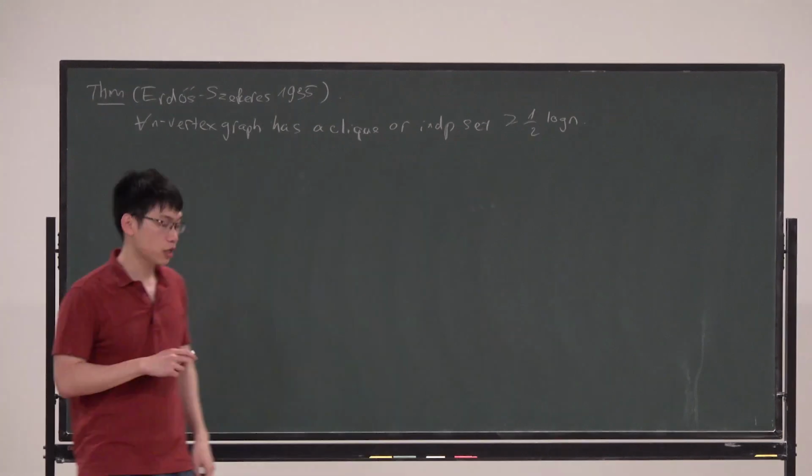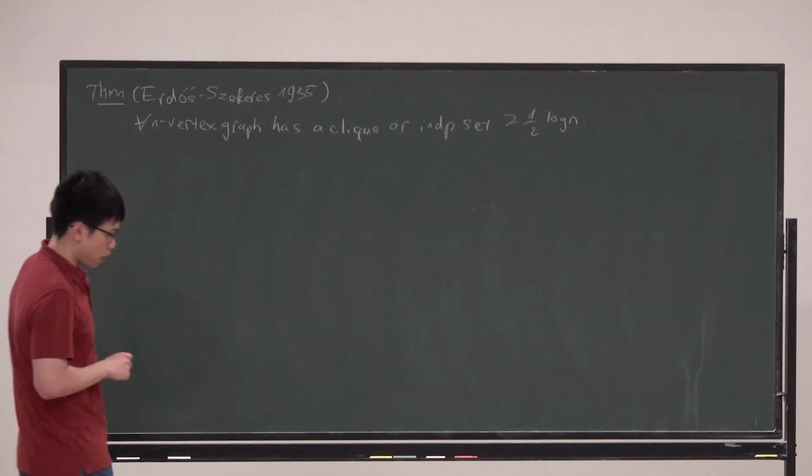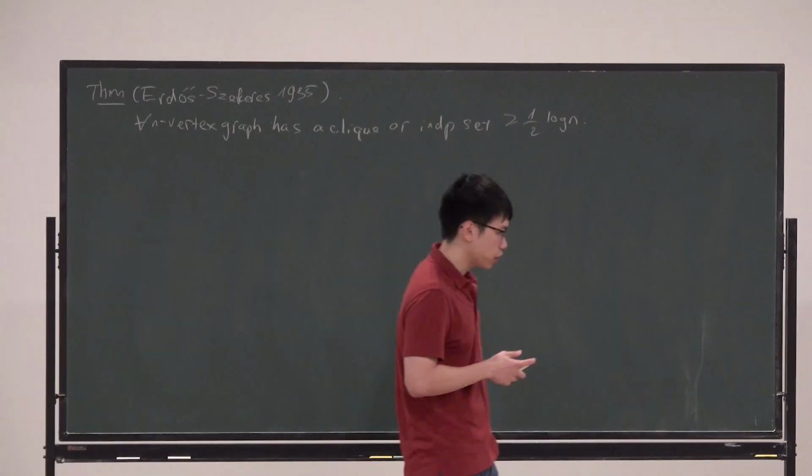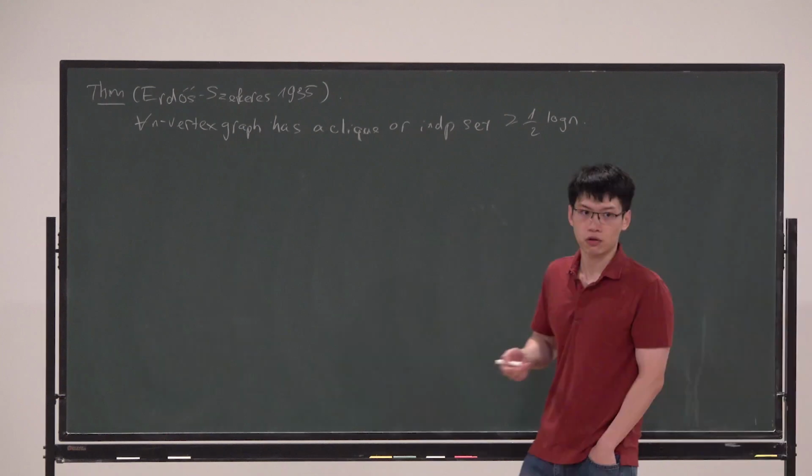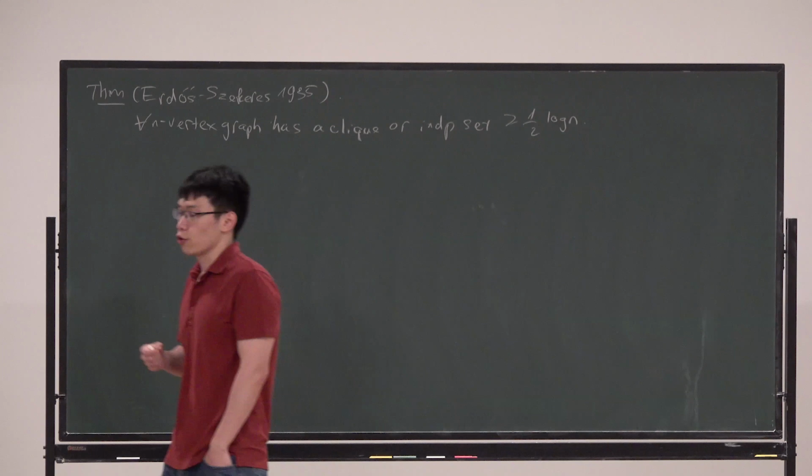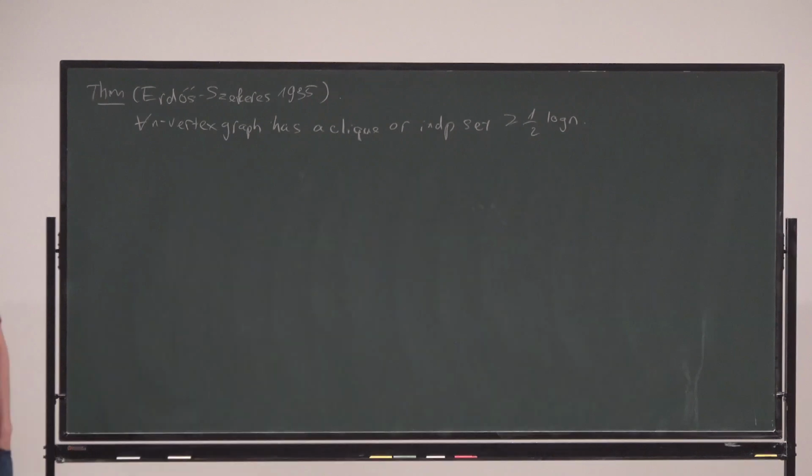But still, if you don't care about constants and you only care about the asymptotics of the growth of the size of the largest clique or independent set, then early examples from random graphs show that this bound is asymptotically optimal.